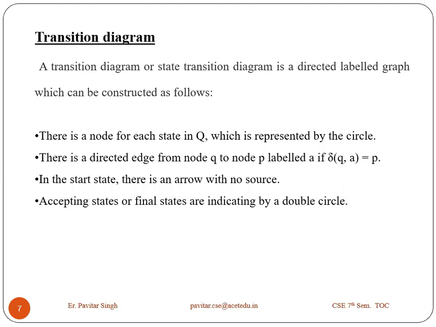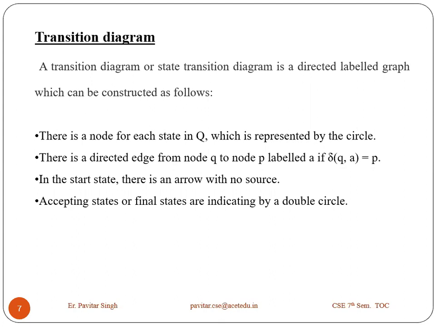The first condition says that there is a node for each state in Q, which is represented by a circle. So here this circle represents the node. Suppose this is your Q node. There is a directed edge from node Q to node P. So let's suppose this is the second node P. This is your node Q and this is your node P.